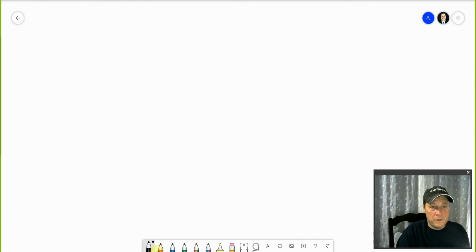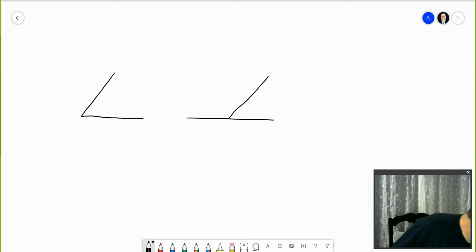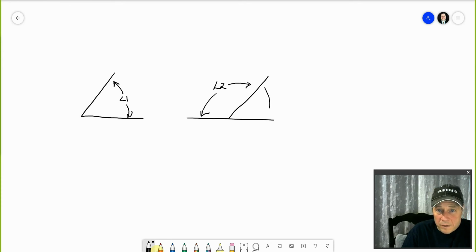So here's what this means. So let's take this line and draw, and then we're going to draw this one directly across from it, and we're going to draw this line here. Okay, and this isn't to scale obviously, so I'll draw this the best that I can. We're going to say that this is angle 1 and this is angle 2 and this is angle 3.